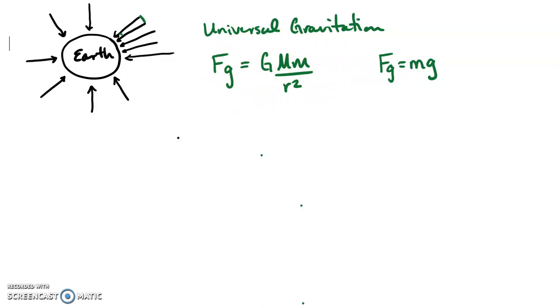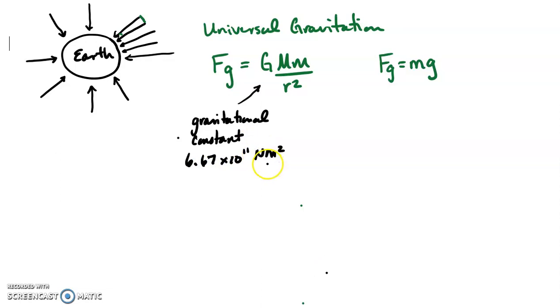So if we break this down, this G here is our gravitational constant. And it is 6.67 times 10 to the negative 11 Newton meters squared per kilogram squared.